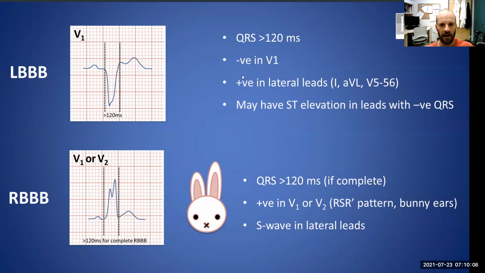And it is positive in the lateral leads, so 1, AVL, V5, and V6. It may have some associated ST elevation in it. On the other hand, right bundle branch block in lead V1 has this RSR pattern, this bunny ears pattern, and in contrast, rather than being positive in the lateral leads, right bundle branch block will be the opposite, and it'll have an S wave in the lateral leads.